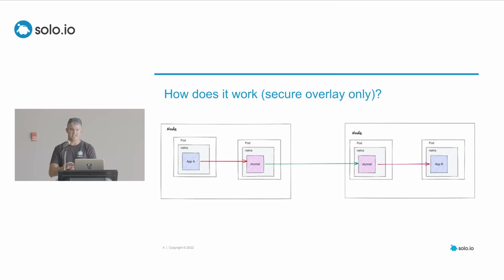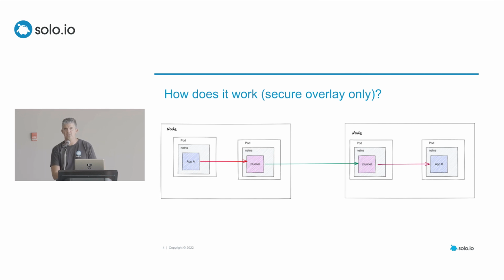That's the case where no layer 7 is needed, or you don't opt into the layer 7 capabilities with the waypoint proxies. And this obviously becomes a lot faster. If you don't need all the layer 7 parsing, then don't do it. It becomes faster if you just stay in the secure overlay layer, or just here in layer 4.